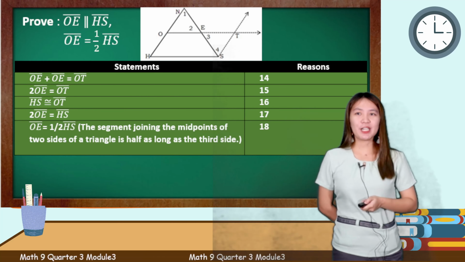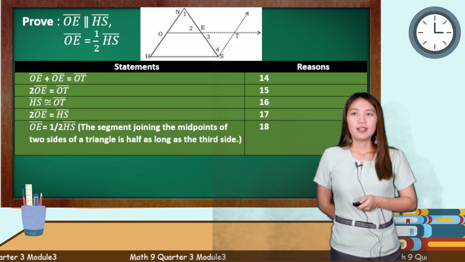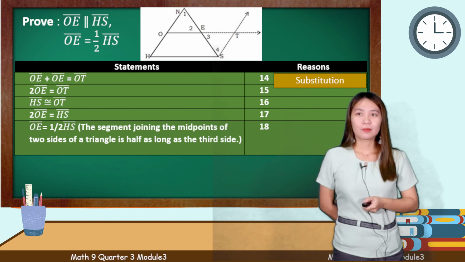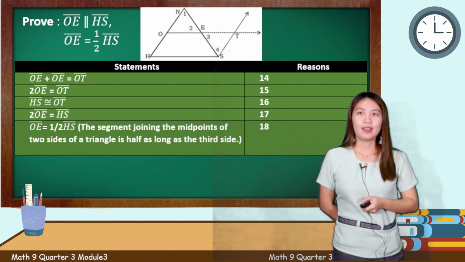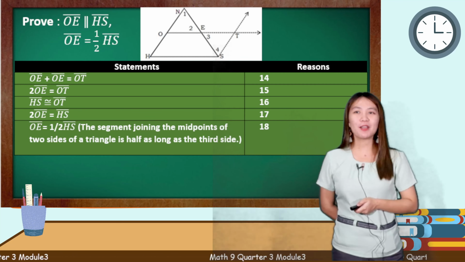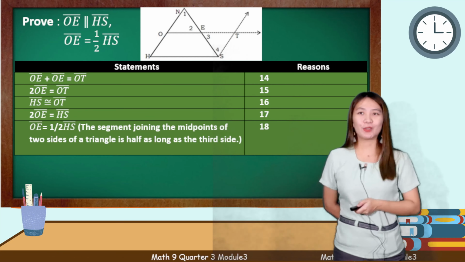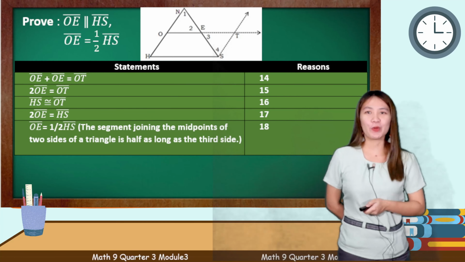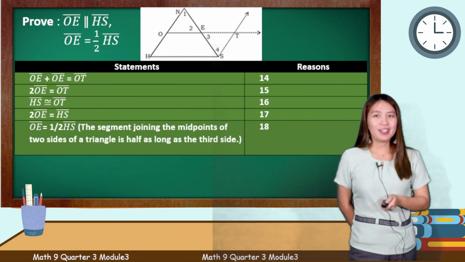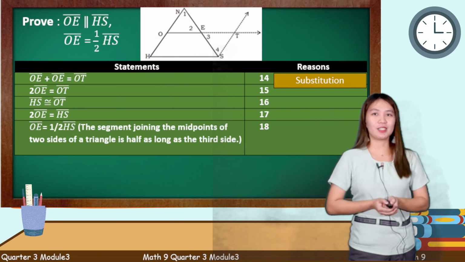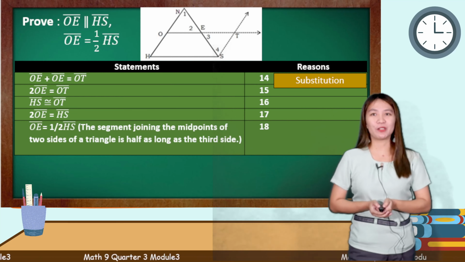Next, for statement number 14, segment OE plus segment OE is equal to segment OT. So the reason, okay, I have showed it earlier, so that is because of substitution. Why?